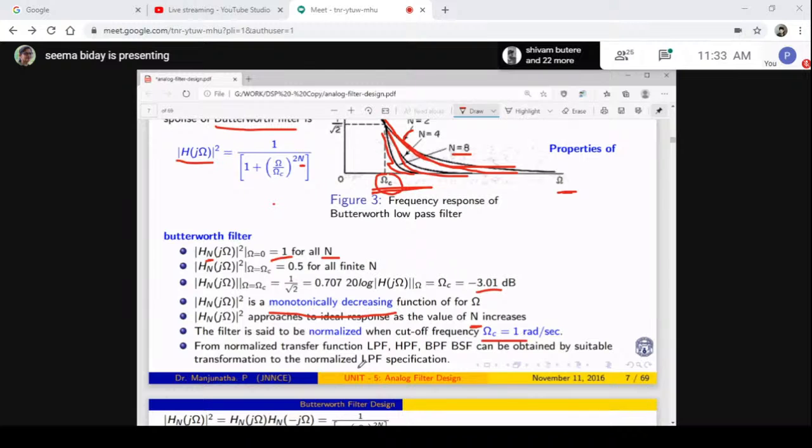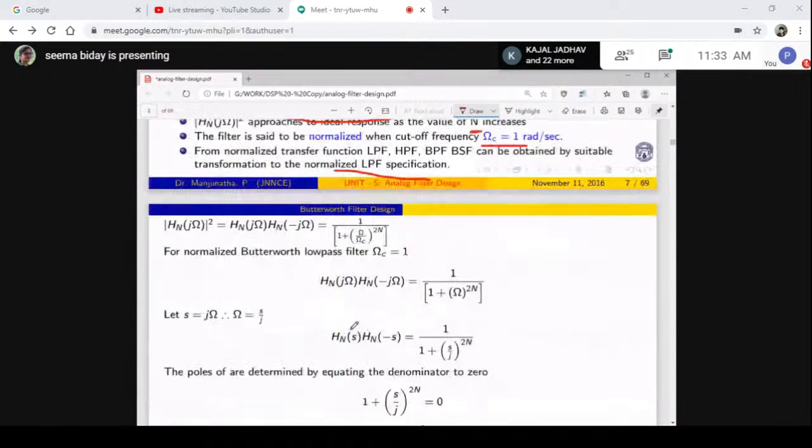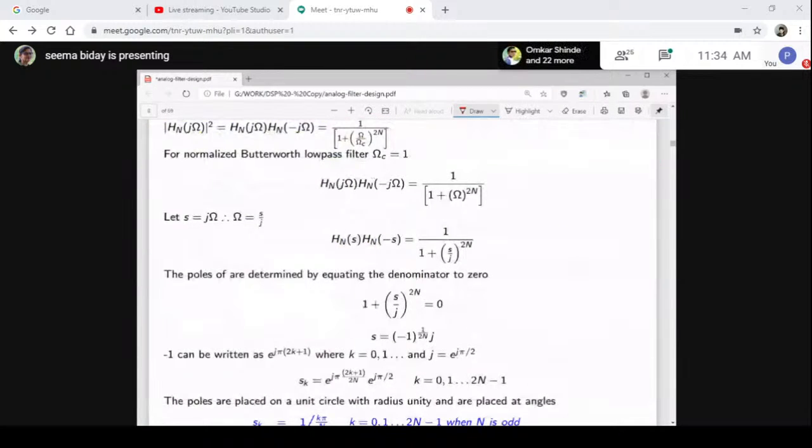Means if you know only the normalized low pass filter, it is very easy to convert that into high pass filter, band pass filter, band stop filter. Certain transformations are mentioned for the Butterworth, right? Is it okay? So now let us go for the next step.